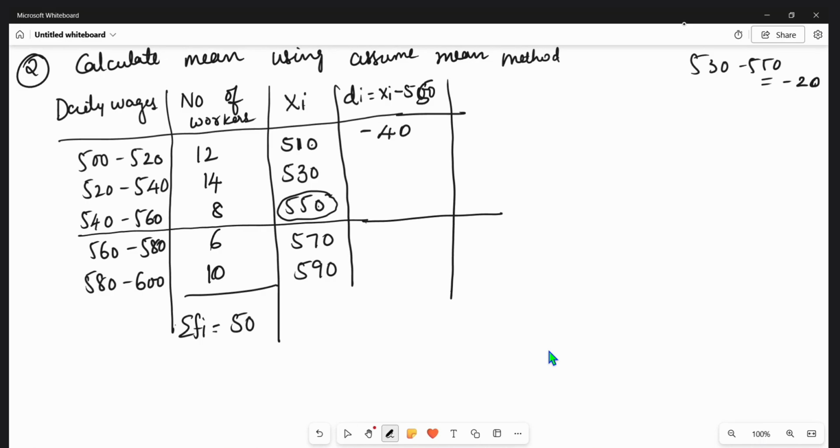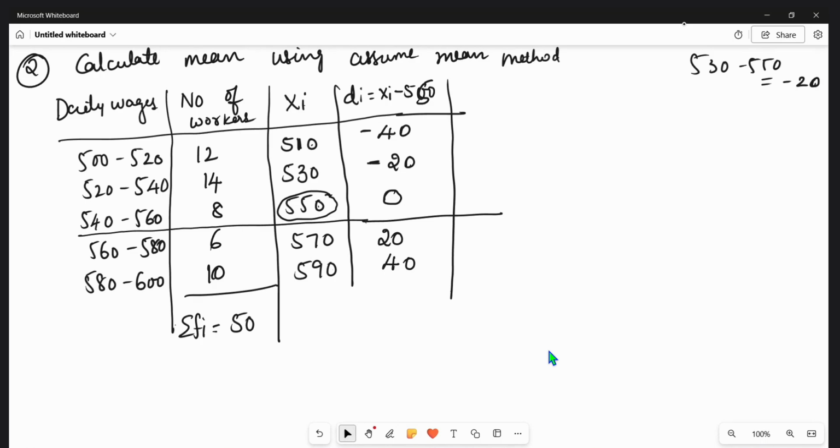Next, 530 minus 550. How much will we get? Minus 20. Then 550 minus 550, 0. Now 570 minus 550, it is 20. 590 minus 550, it is 40. So this is the di value that we are getting.